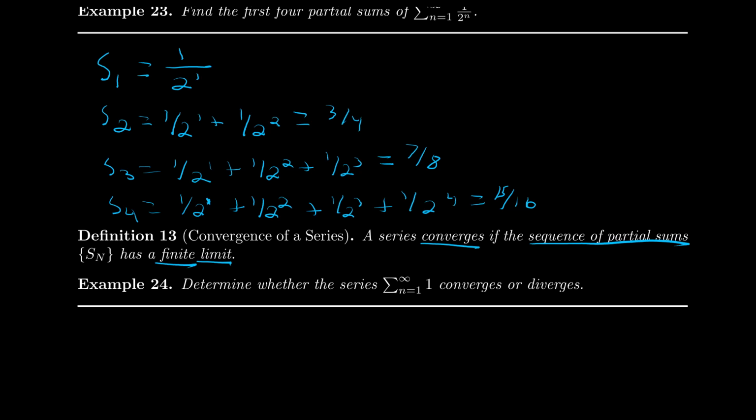So we can actually look real quickly back at this one and see that it converges. Because look at the limit of its sequence of partial sums. Imagine a sequence where that's the first number, that's the second, that's the third, that's the fourth. That's clearly going to 1 pretty quickly too. Since that converges, then this series converges.